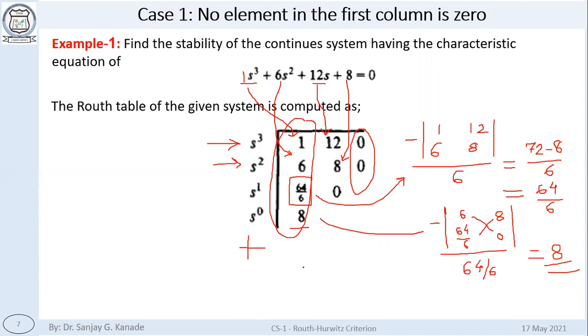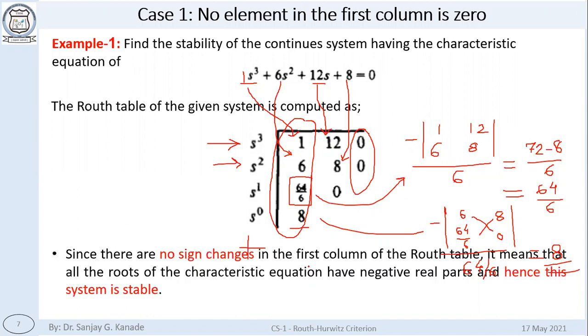There is no negative value in the first column, right? All the values are positive. So now clearly it is a stable system. So that's what I have written here.